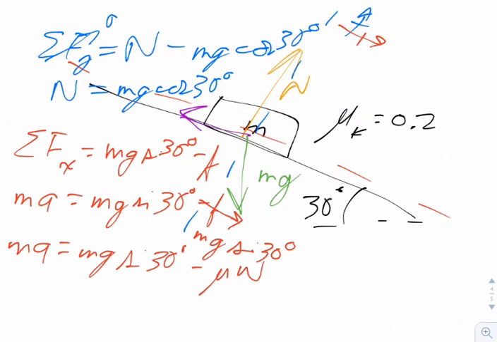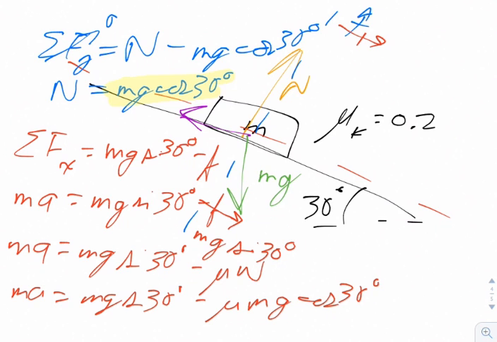So back to work here. ma then equals mg sine of 30 degrees minus mu times normal. Well, what is normal? Well, this is what we had to do the vertical direction for, to find that normal is equal to mg times cosine of 30 degrees.